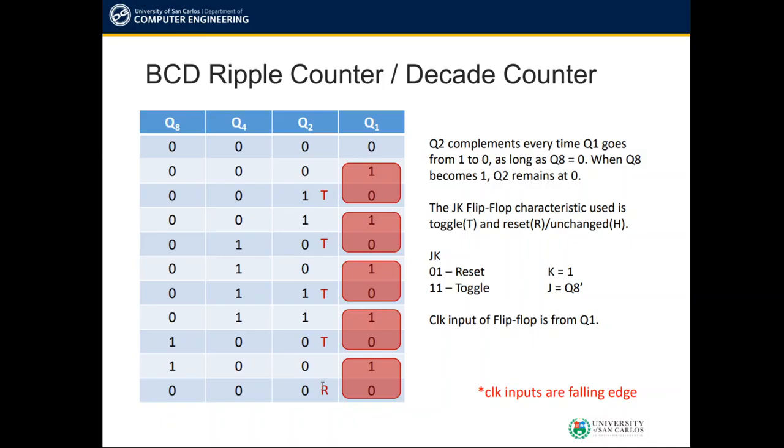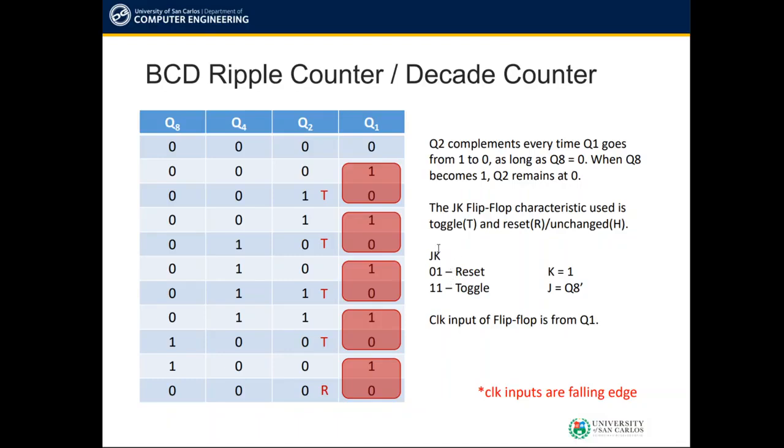So you have 2 options: either use the reset function of your JK flip-flop or the unchanged, which is the 0, 0 value. In this case, I'm using 0, 1 as a reset. You will know later on why it is treated as reset instead of unchanged.